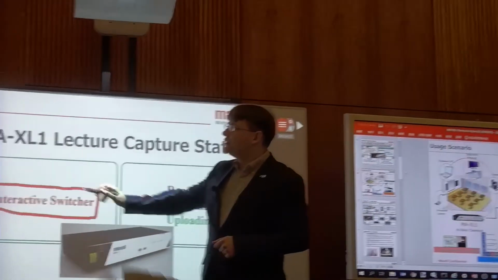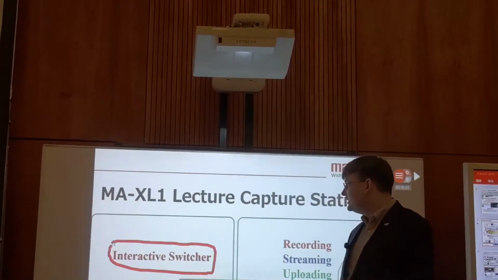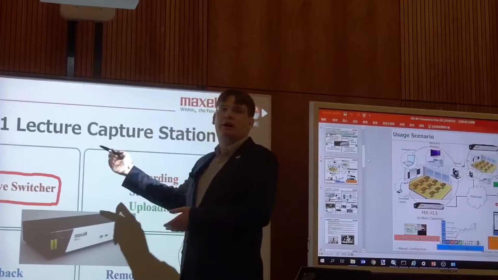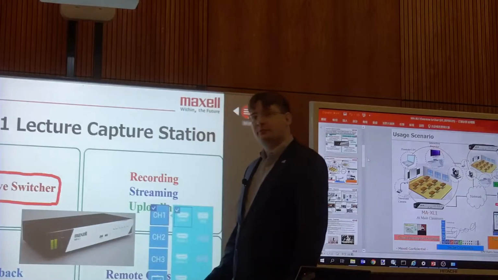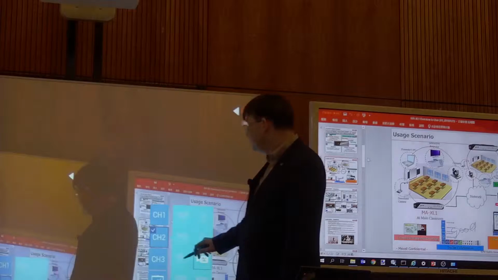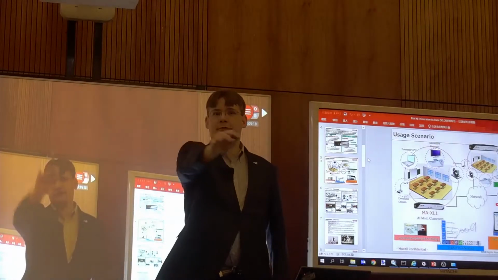So the interactive switcher allows us to switch the content from different sources. At the moment, it's showing good old faithful PowerPoint presentation from my laptop. If we touch a button, we get an on-screen menu. We can choose a different input. This is our tracking camera on the table down the front here.